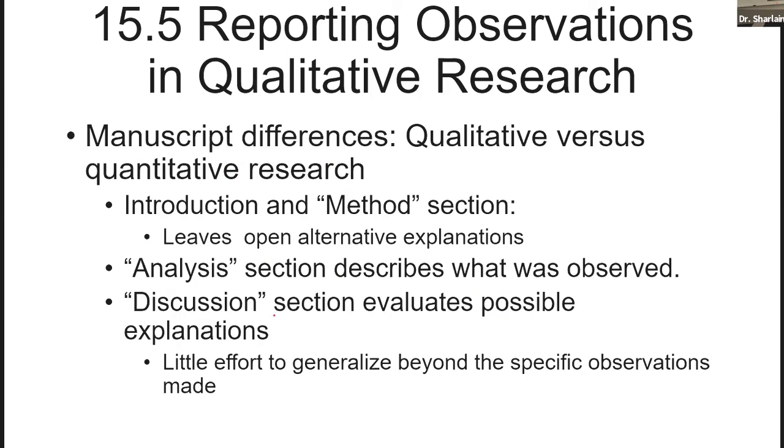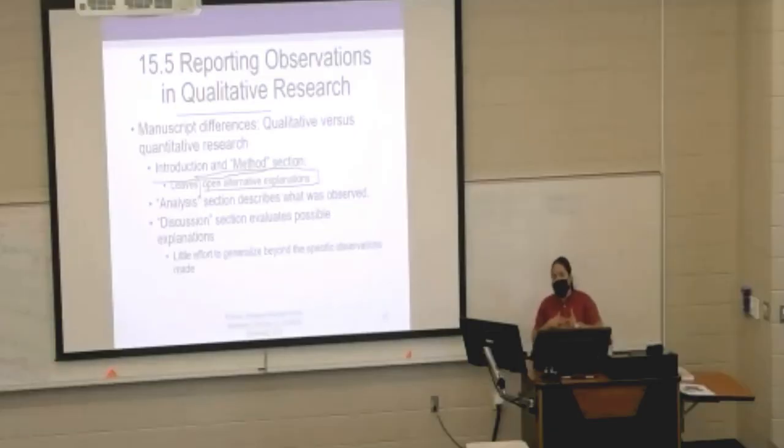Now, one of the last things that I want to mention is that in qualitative research, notice that in the introduction and method section, it's pretty open, right? We're trying to be open about the explanation because generally with qualitative research, you're looking for the broad understanding, the broad phenomena that we have, right? What are the experiences, the themes, the situations that participant is going through.